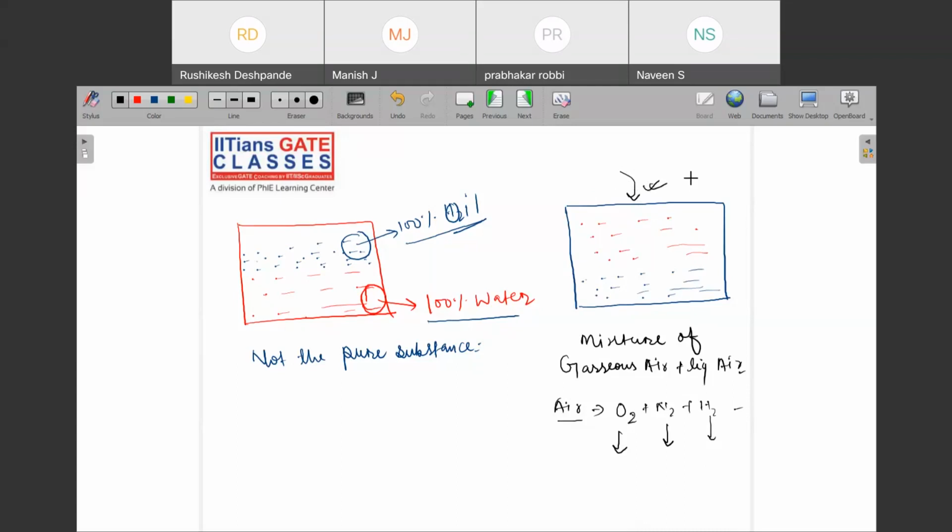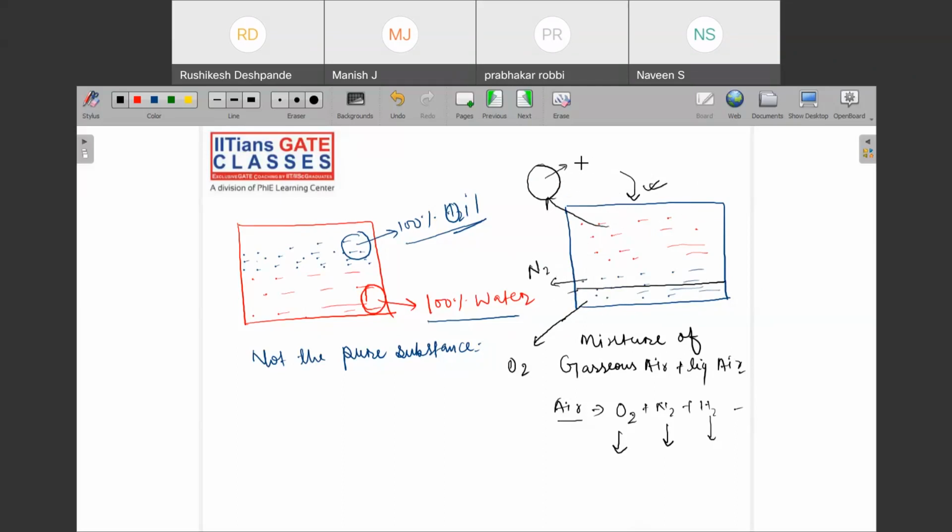That means, let us say this is a mixture of hydrogen, nitrogen, oxygen, then there will be layers, and these liquids and gases will not mix with each other. So there will be one layer of oxygen, one layer of nitrogen, and then the gaseous substances.